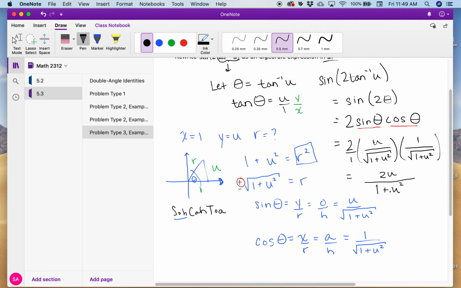The square roots are going to cancel. And then we're done. Leave your answer like that. You could do some more algebra, but it's just going to make it a little bit more complicated. So everything is in terms of u. That is your final answer.